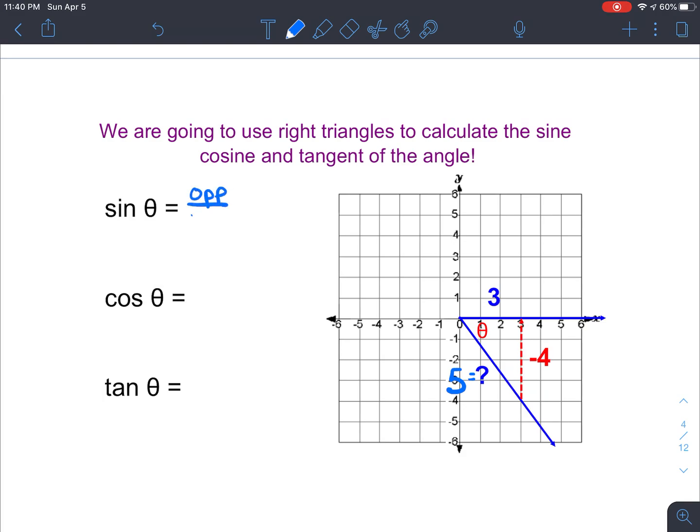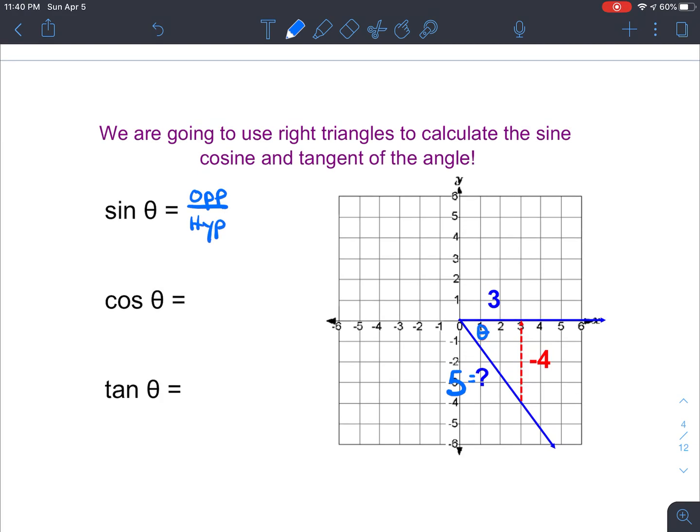So sine is going to be opposite over hypotenuse. So looking at our theta that we have right here, my opposite value is negative 4. My hypotenuse is 5. So for this particular triangle in this particular location, my sine is equal to negative 4 over 5.